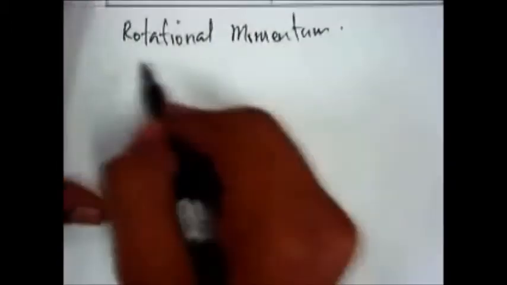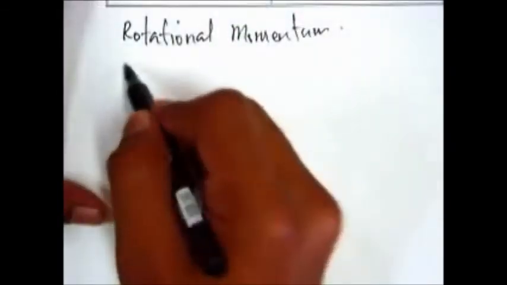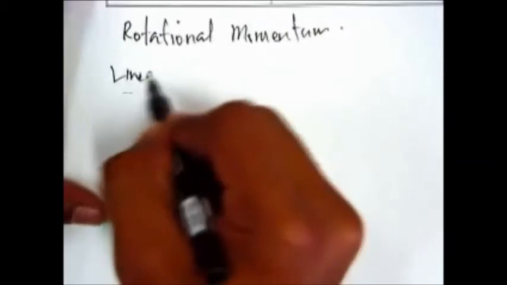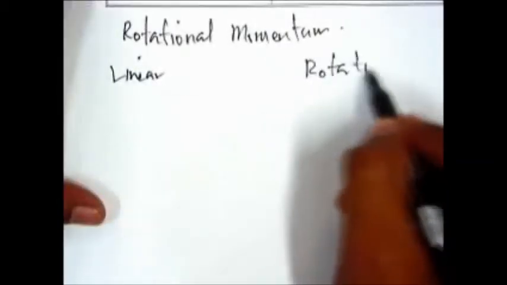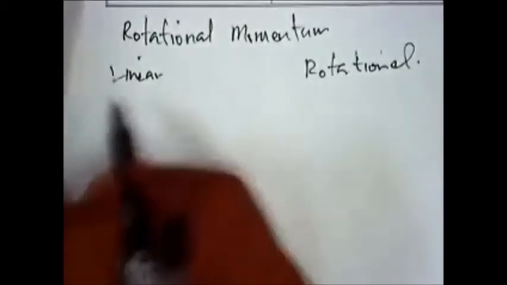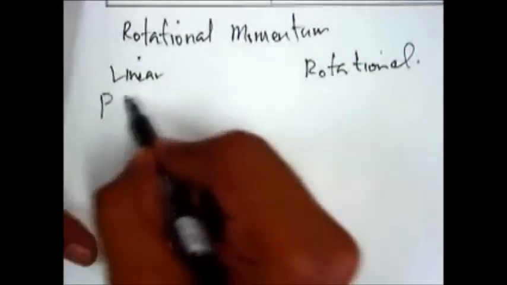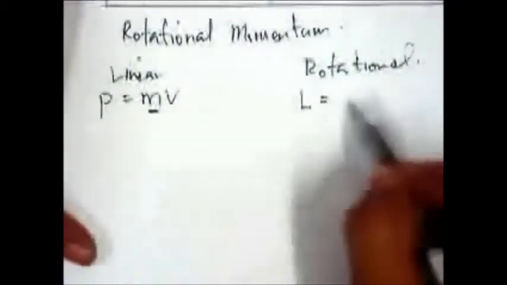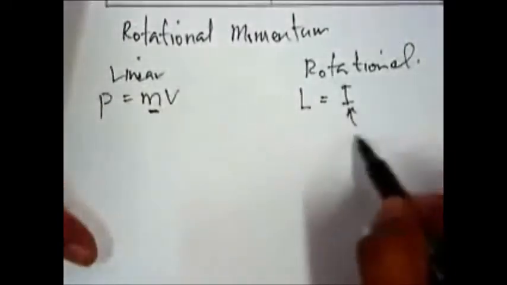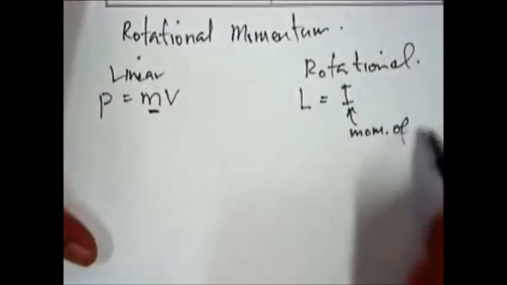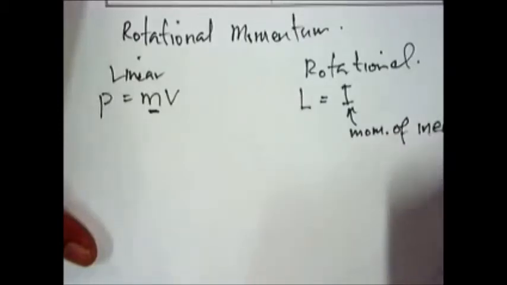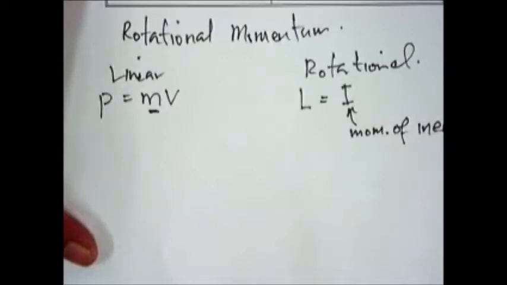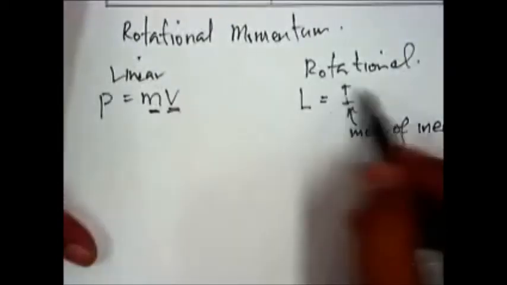So similar to linear momentum, which we say momentum is equal to mass times velocity, we have angular momentum with the letter L. It is equal to the equivalent of mass in rotational, which is what we call moment of inertia, and velocity, you know, is omega.